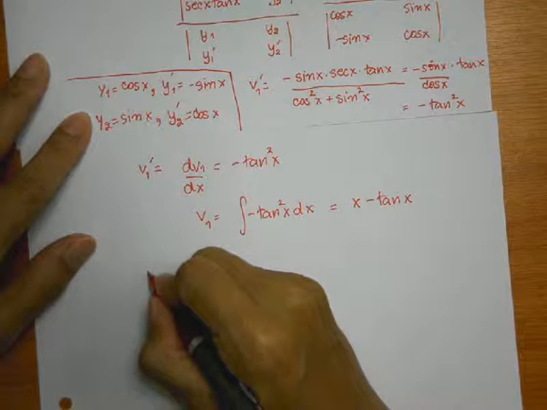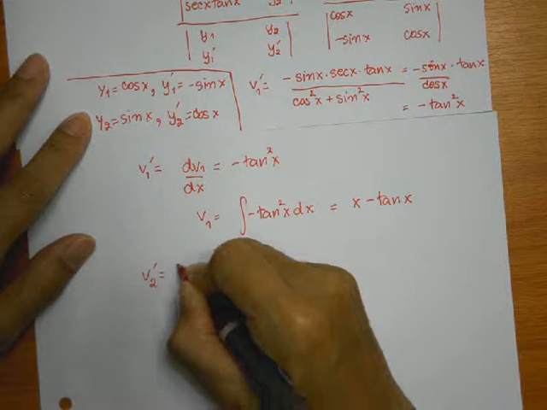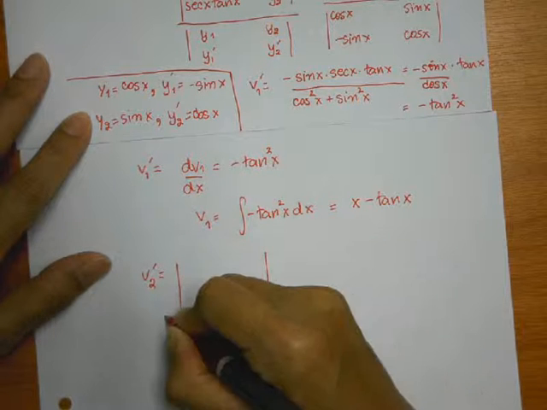And now we find the first derivative of v2 by using determinant rules again.